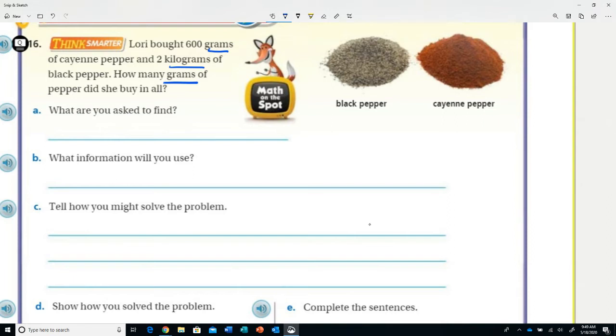What are we asked to find? We are asked to find how many grams of pepper were bought.